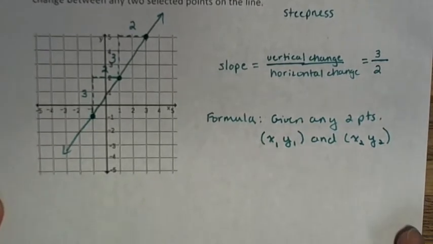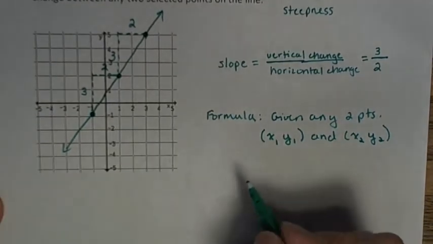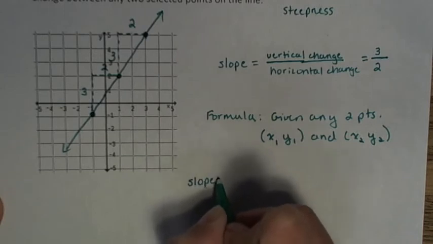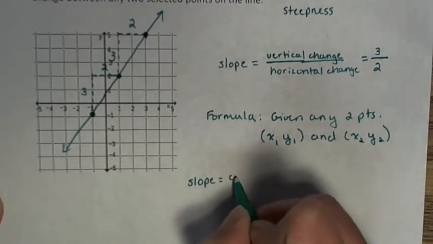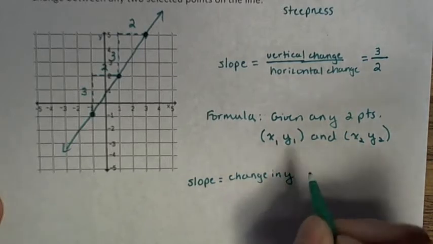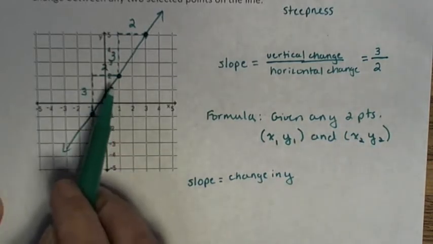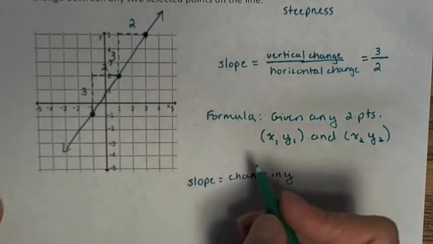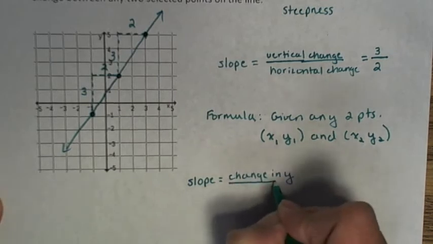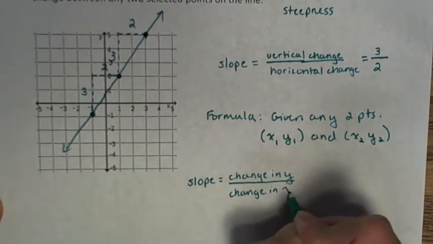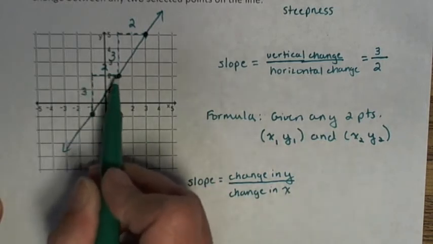When we look at it in this particular way, we can say that the slope is in fact equal to the change in y, because remember our y coordinates are the ones that are always vertical, over the change in x, which is our horizontal change.